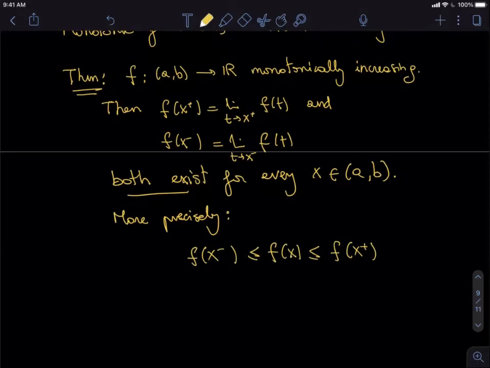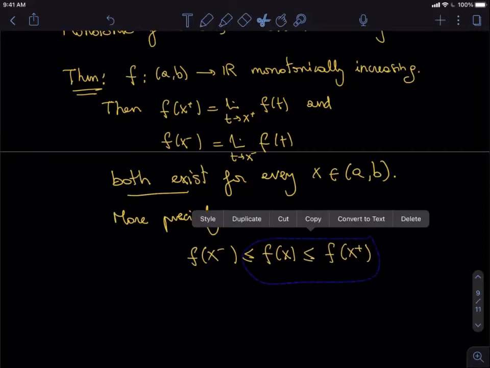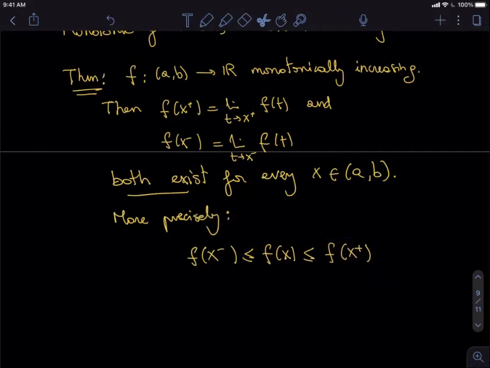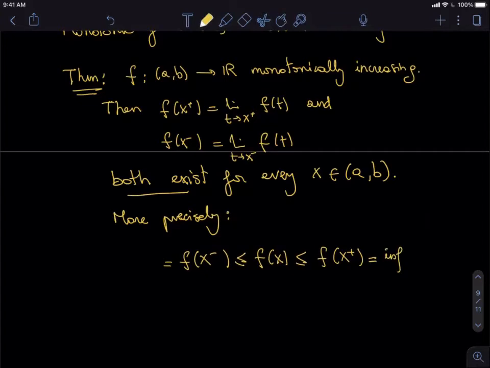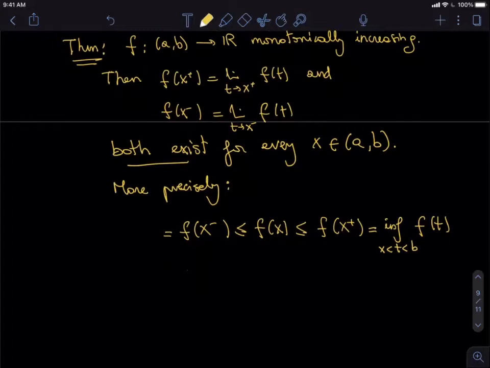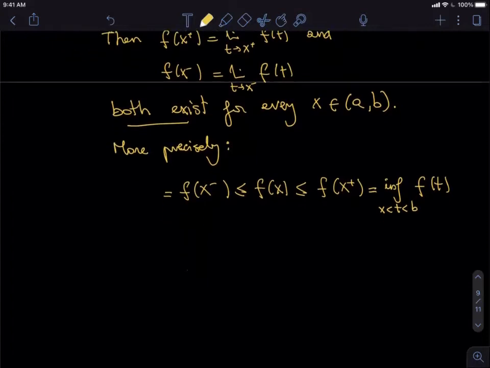And here something interesting happens. We can characterize these limits as a supremum and an infimum. So the limit from the right is the infimum of f(t) for all the t's that are bigger than x.